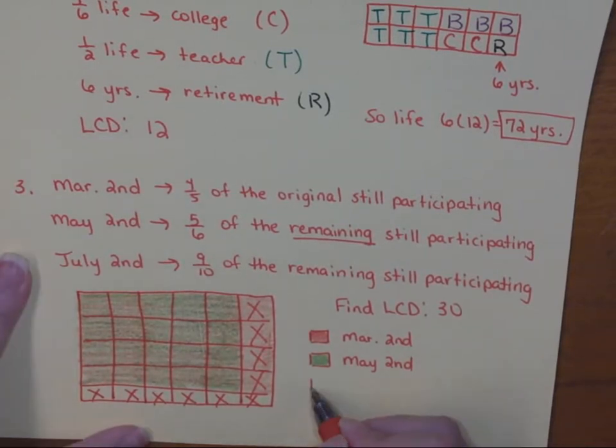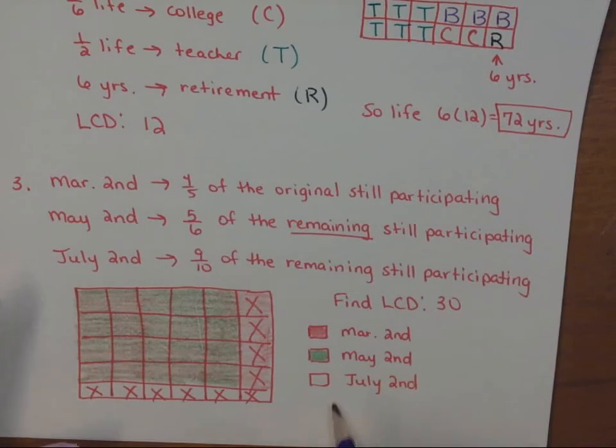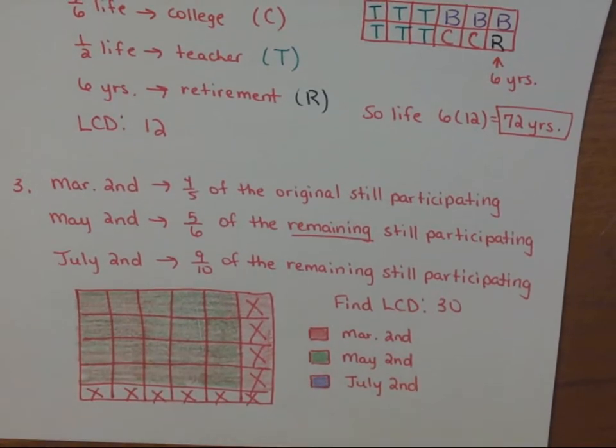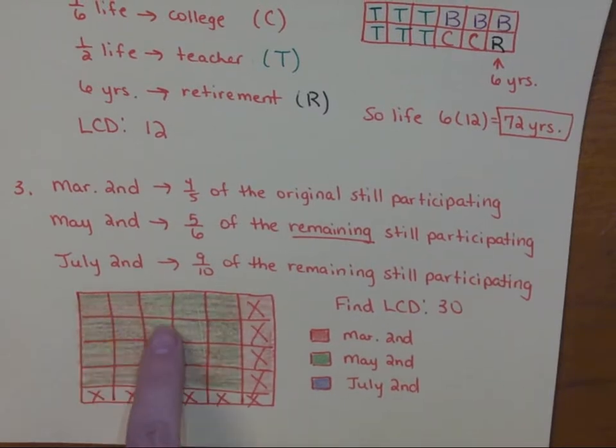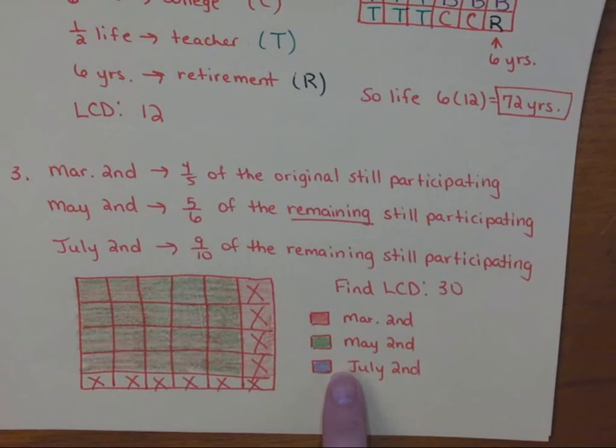So we have one more date, July 2nd. And I'm going to use a still darker color. Okay, so the question is, I have 1, 2, 3, 4, 5, 6, 7, 8, 9, 10, 11, 12, 13, 14, 15, 16, 17, 18, 19, 20 boxes left, and I need to show 9/10 of them. So think about that. How could I split 20 boxes into groups of tenths? That would mean each 1/10 would represent 2 boxes, right?